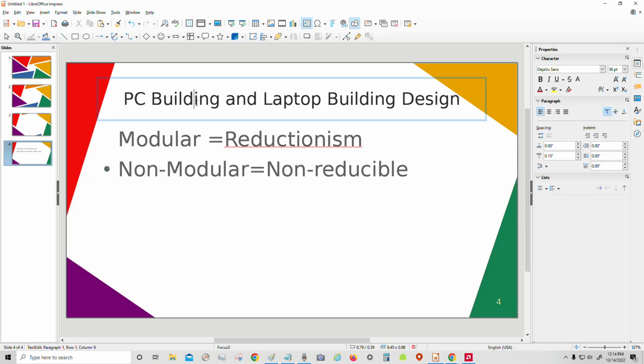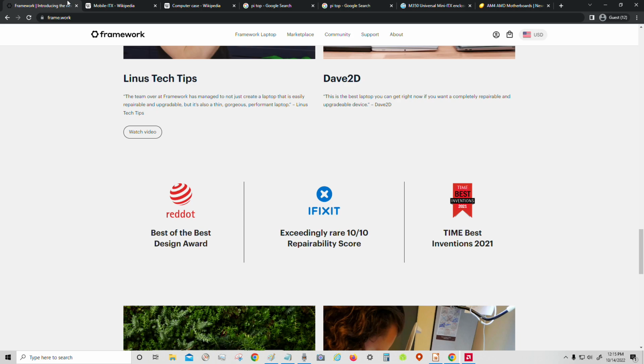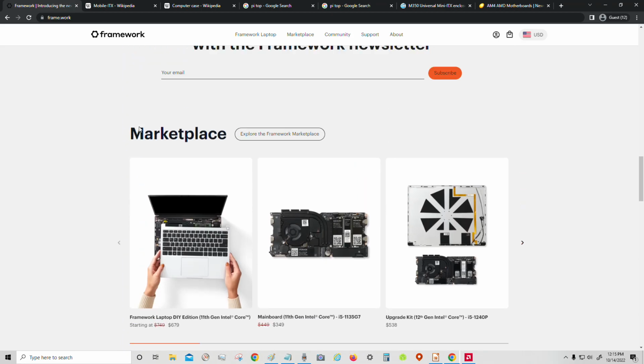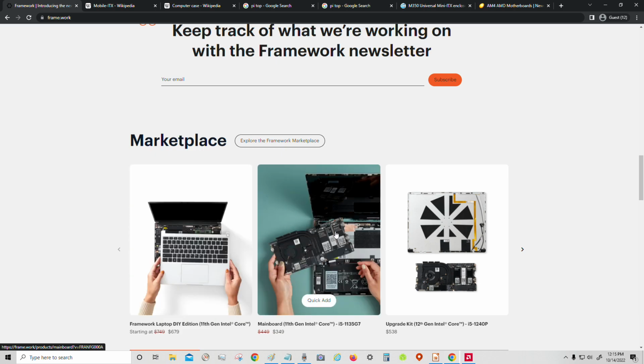So I made this little slide here: PC building and laptop building design. Modular is reductionism. It means you can reduce any component of the laptop to its individual components, and then you have a non-modular, non-reducible design, where you have something like the Framework. You're only limited to buying the parts that they designed to repair it.